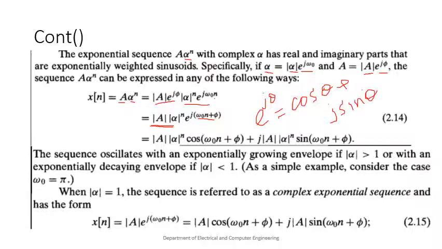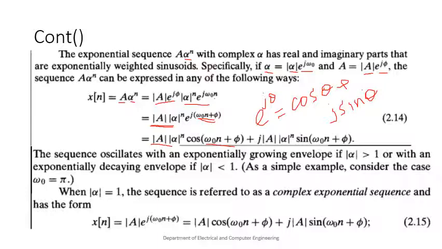So this is what is done here. This is just magnitude, so cos of this theta plus j sine of theta. So this is multiplied with both of these two.